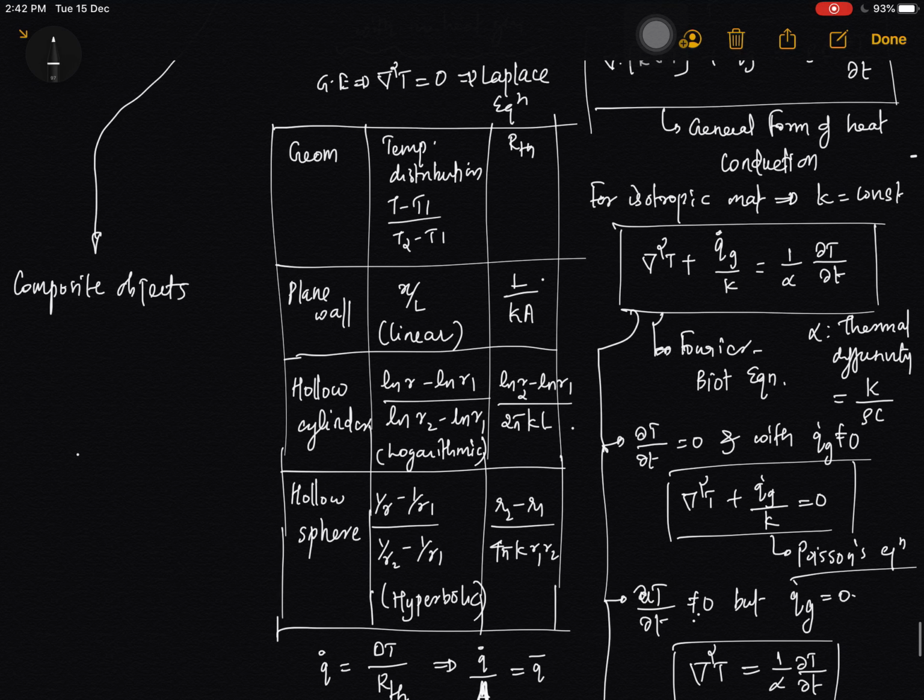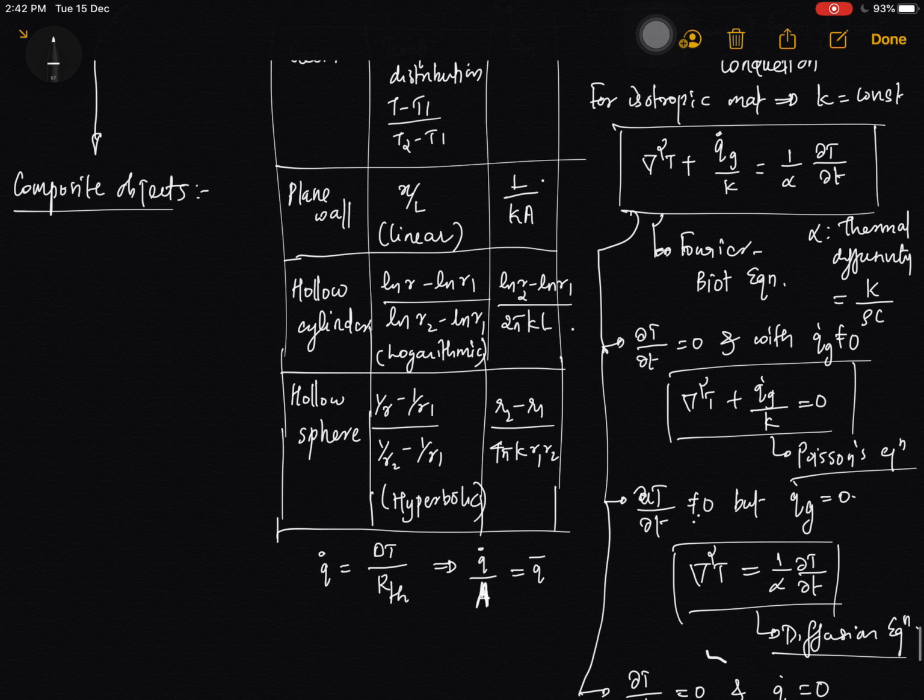Composite objects are nothing but multiple plane walls, multiple hollow cylinders or multiple hollow spheres that are connected either in series or parallel configuration, and we studied the steps that have to be followed to analyze all these cases.